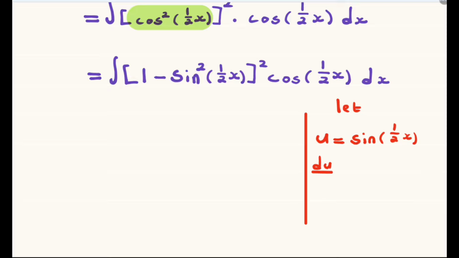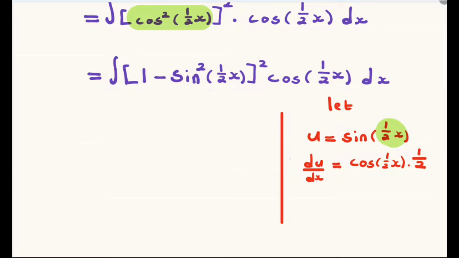We differentiate u with respect to x, and the derivative of the sine is equal to the cos of half x, and we multiply this by the derivative of the half x, which is half. We multiply both sides of the equation by dx.